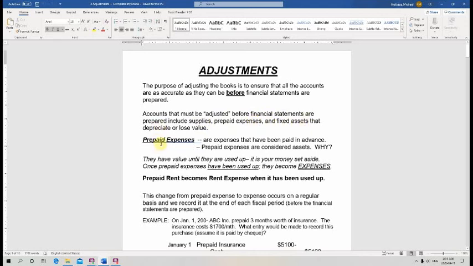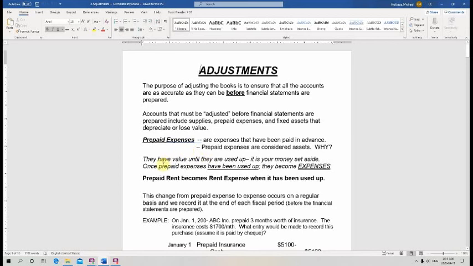Now, prepaid expenses are expenses that we've paid in advance, okay? So they're considered assets, and the reason why is they have value until we use them up. It's still our money until we actually use the prepaid expense up.